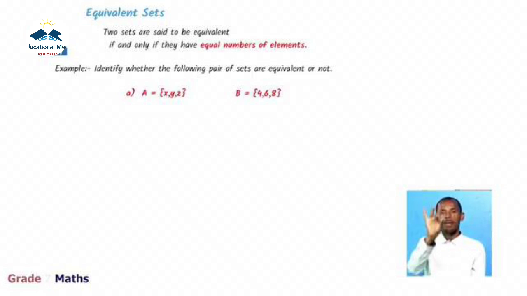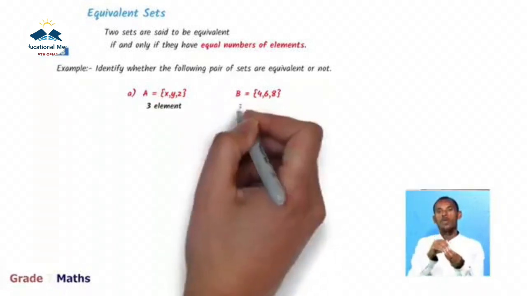As you can see here, set A contains 3 elements, X, Y, and Z. Again, when you count the number of elements of set B, it contains 3 elements, 4, 6, and 8.